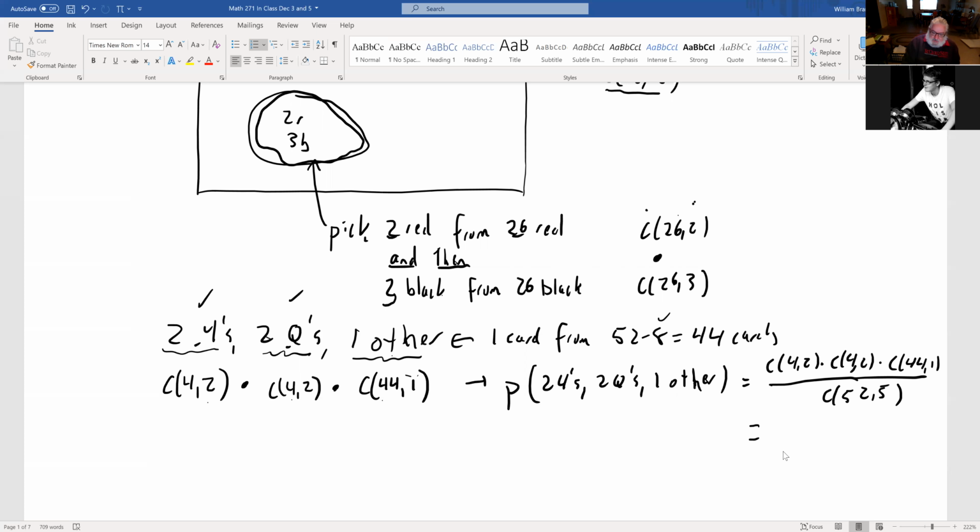And that's a very small number, 0.000609, 0.006. So very few, 6 out of 10,000 times that you pick 5 cards at random from a deck where you get exactly 2 4s, 2 queens, and 1 other card.